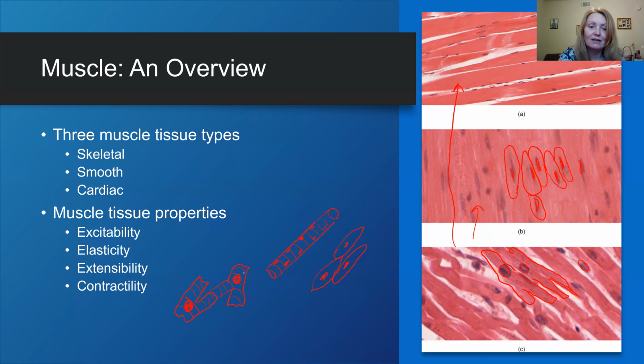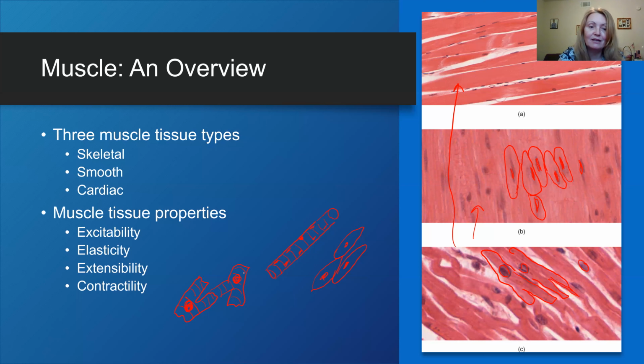What you see on this diagram is a muscle fiber. It says over here muscle fiber, but remember, muscle fiber is the same as muscle cell, right? So this is a skeletal muscle cell or skeletal muscle fiber.